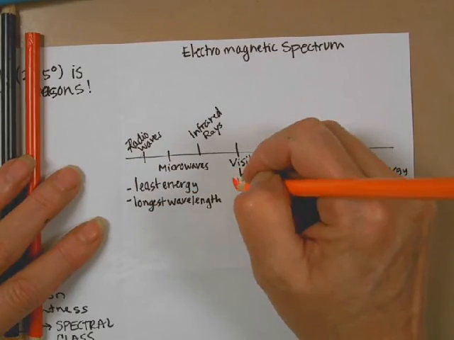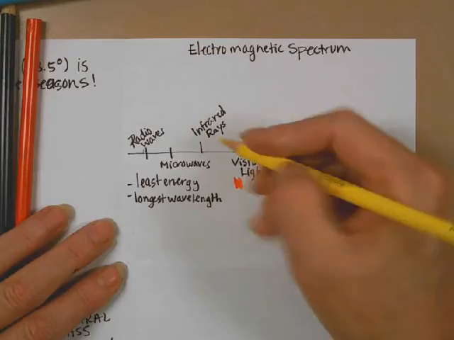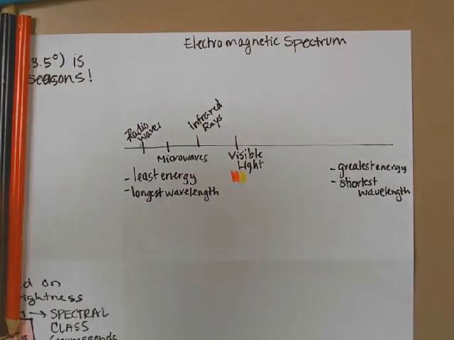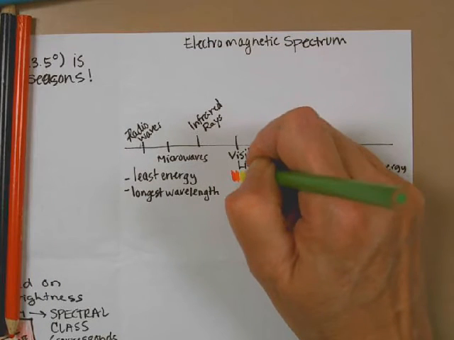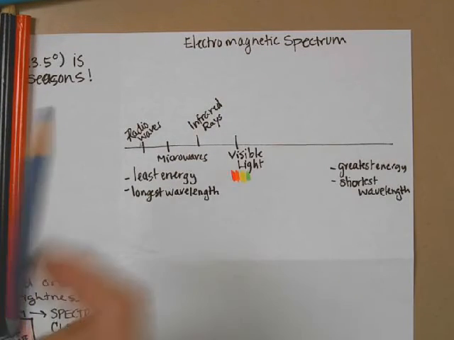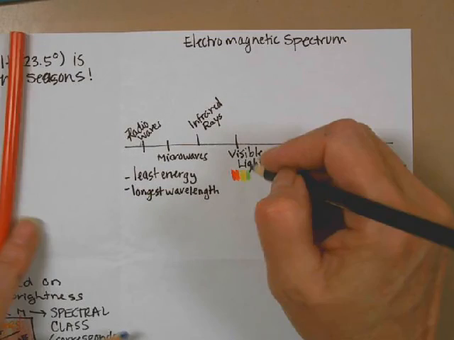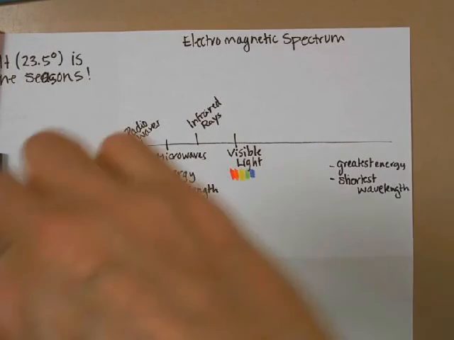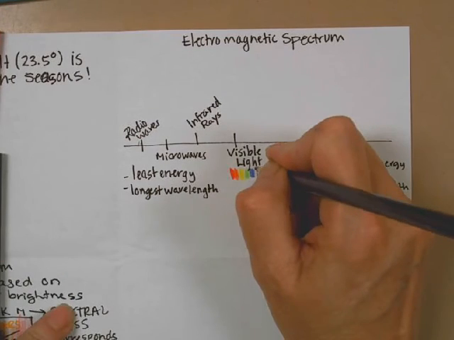Orange, yellow, green, blue, indigo. I wonder if I have a purple.